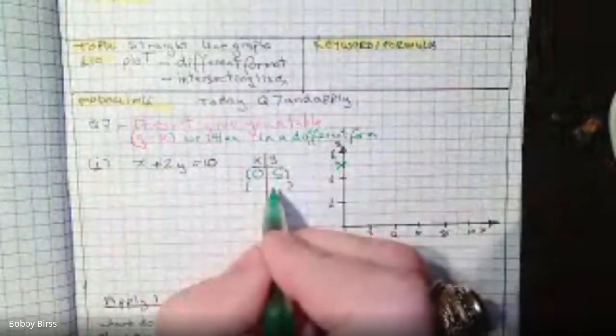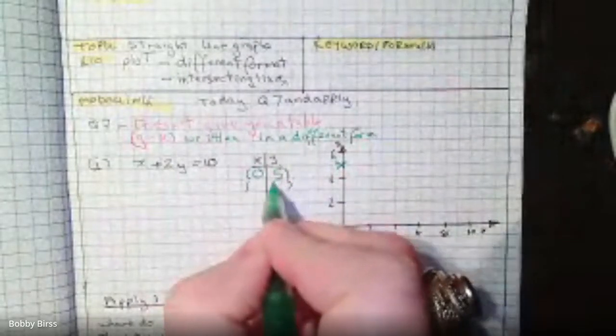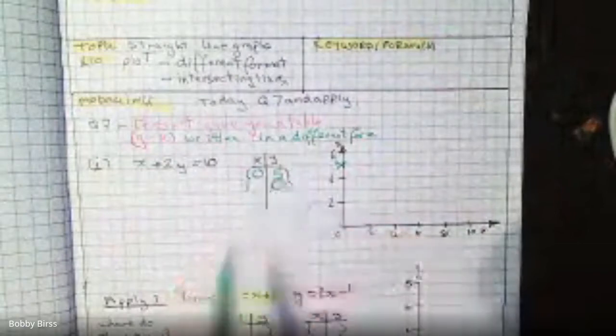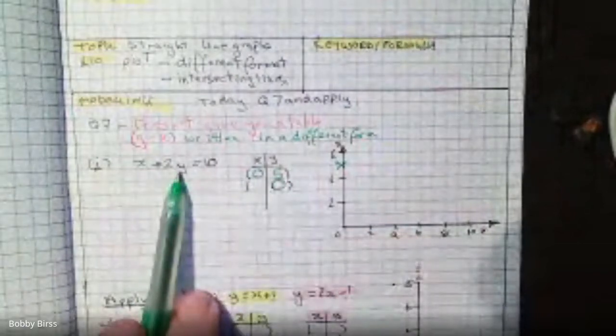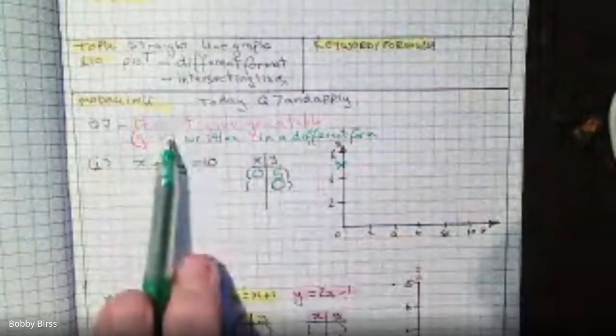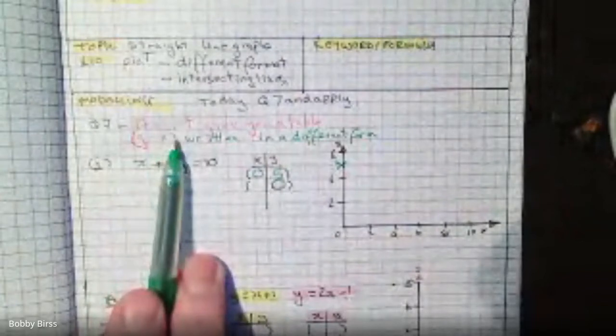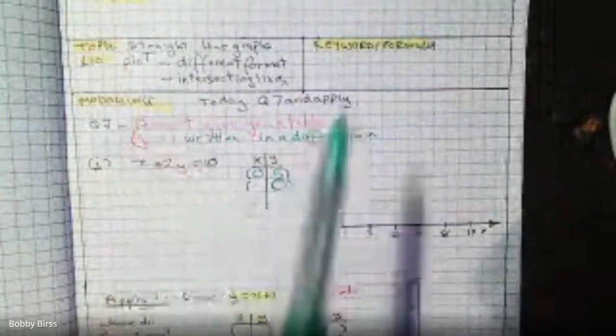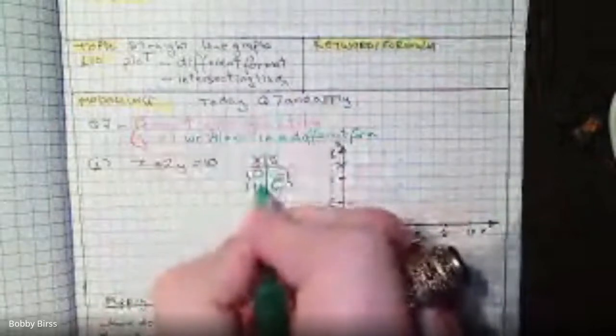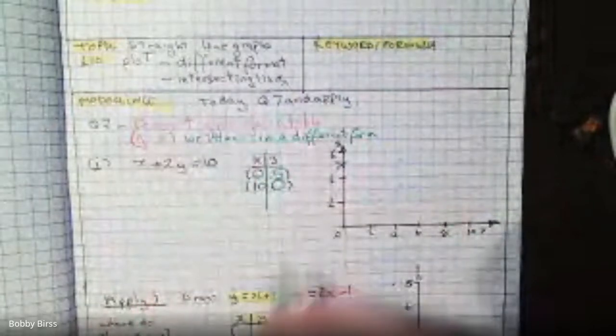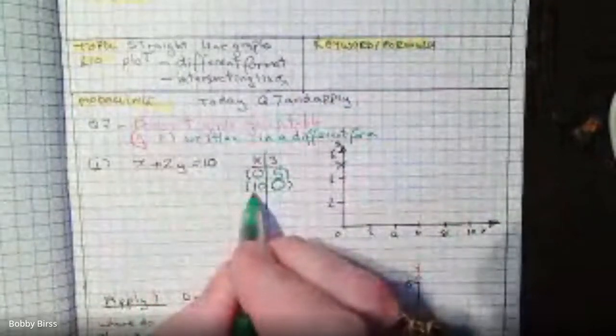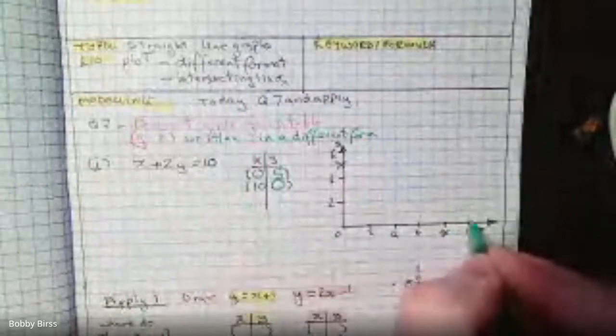Now I'm going to let, this is the unusual bit, I'm going to let y be 0. If y is 0, 2 times nothing is nothing, so that term disappears, which means x equals 10. If x equals 10, that means it cuts the x-axis 10 along and 0 up.